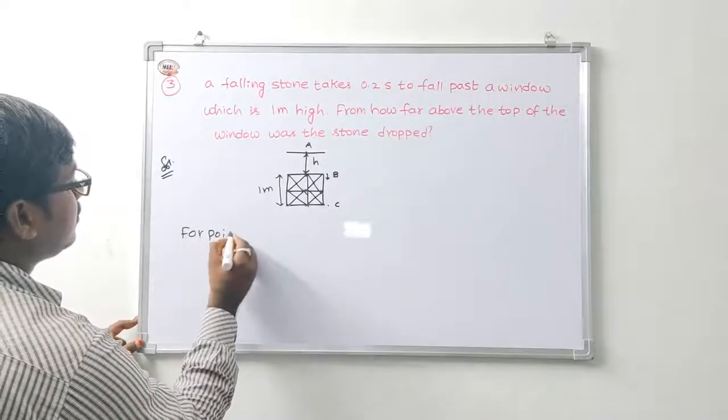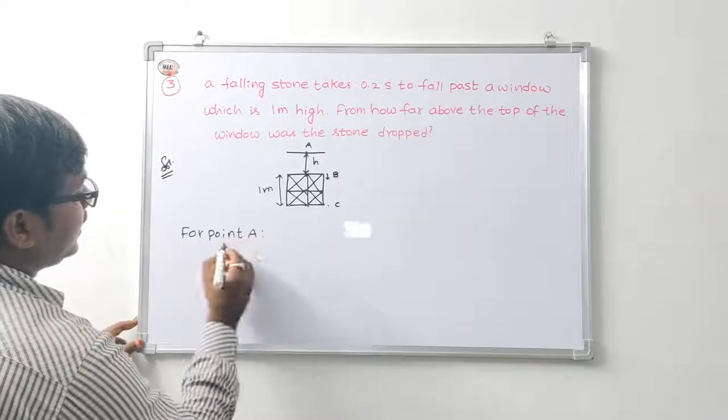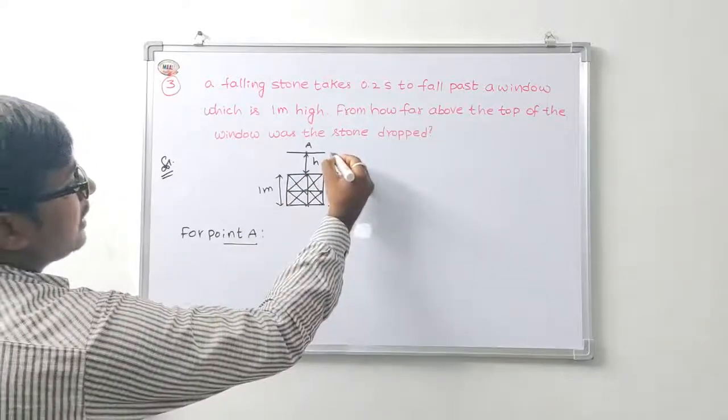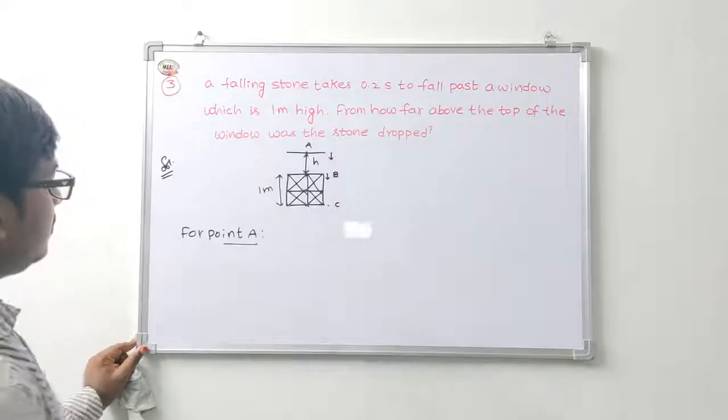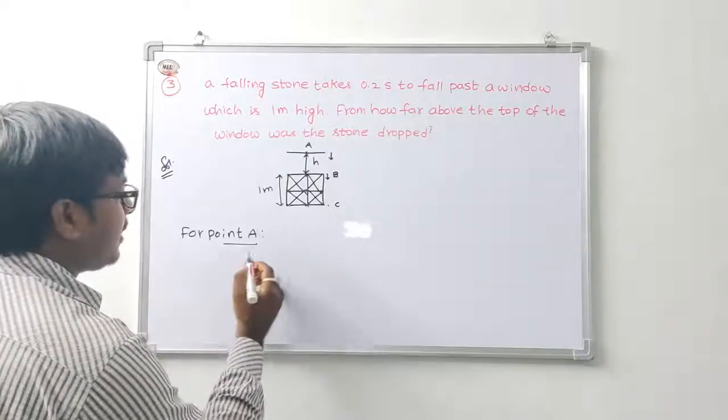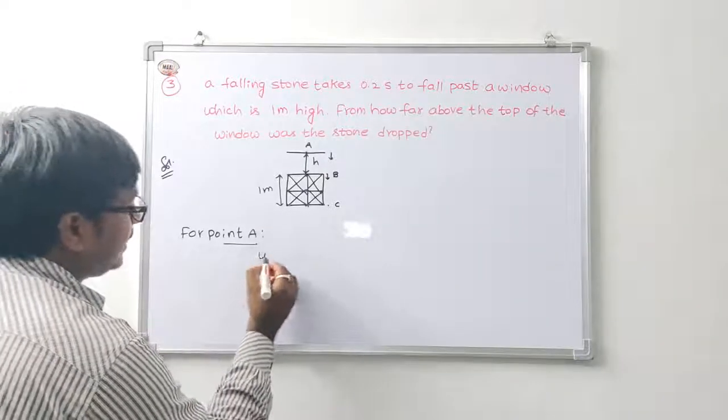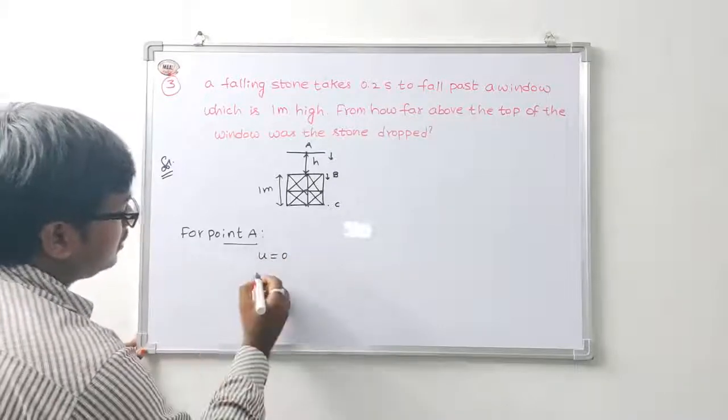For point A, the body is dropping from the top point A, so the initial velocity is equal to 0.